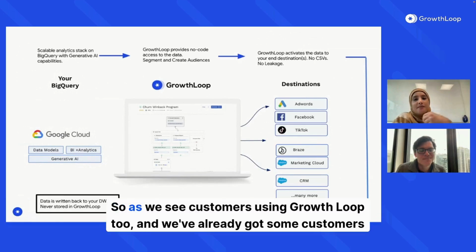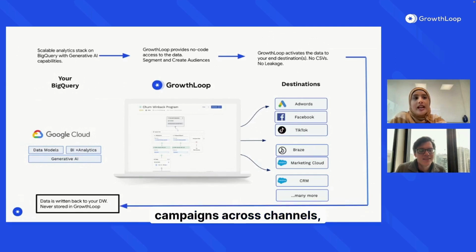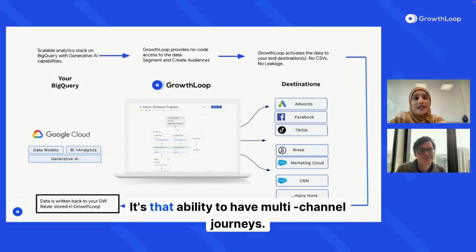So as we see customers using GrowthLoop, and we've already got some customers doing this today, to set up those audiences and to activate those campaigns across channels, I think the other powerful thing is it's not just one channel or one campaign at a time. It's that ability to have multi-channel journeys.